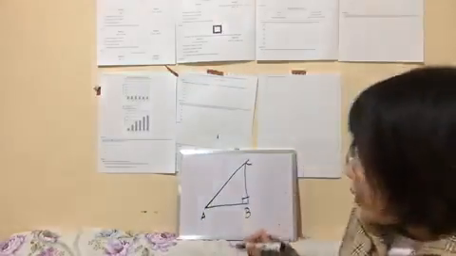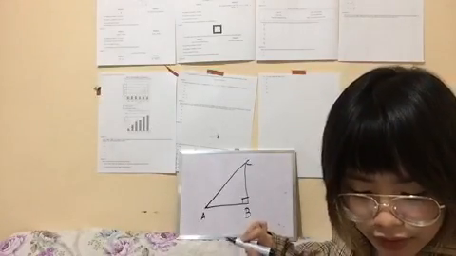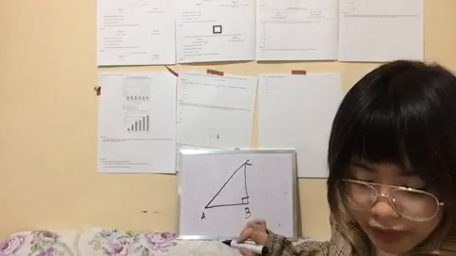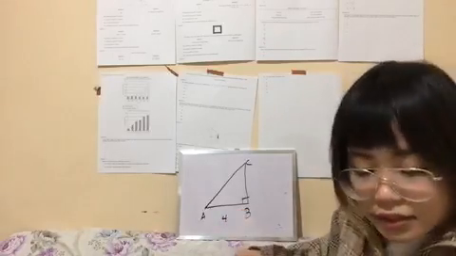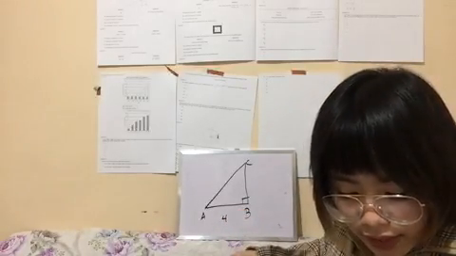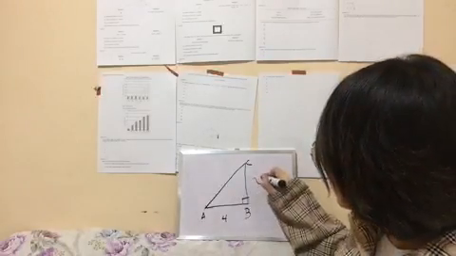The length of side AB is 4, and the length of side BC is x.